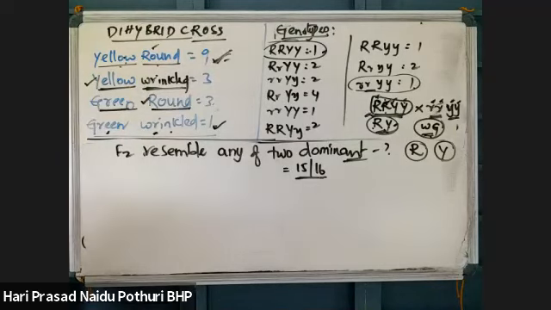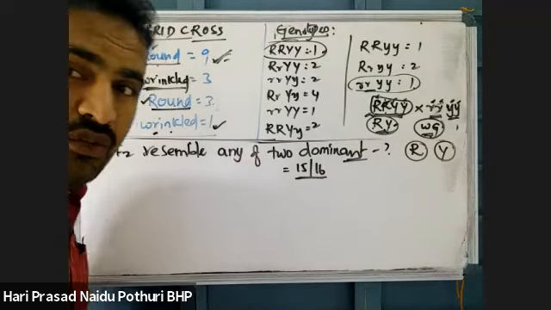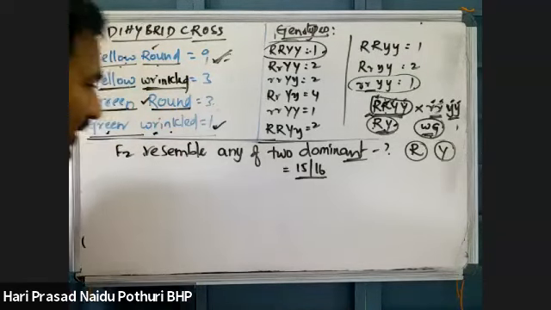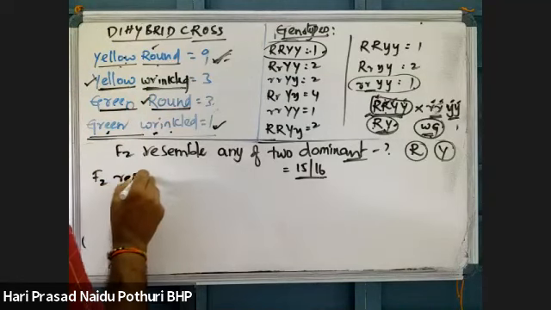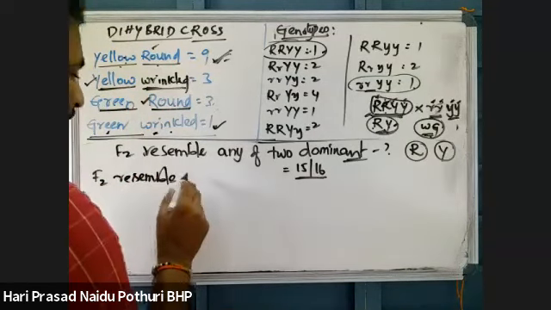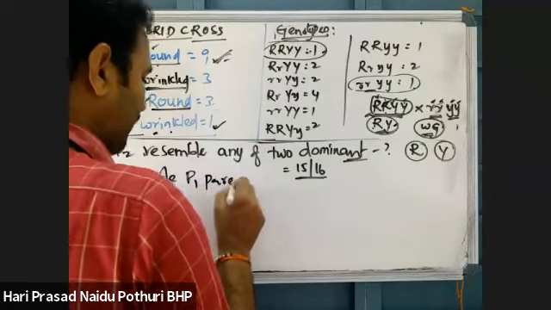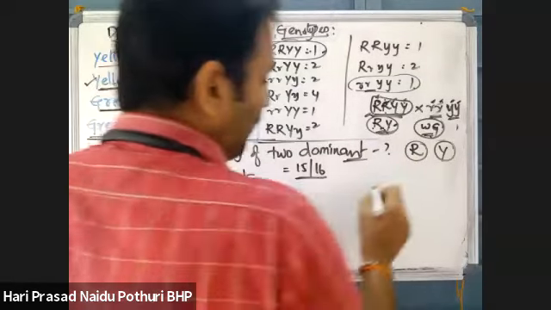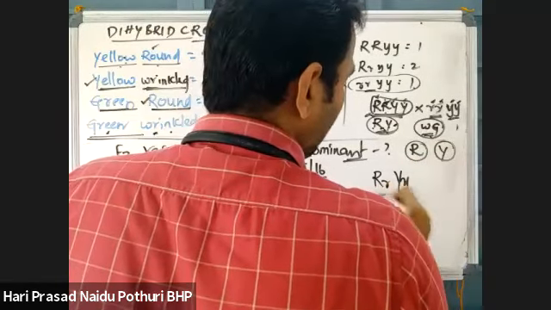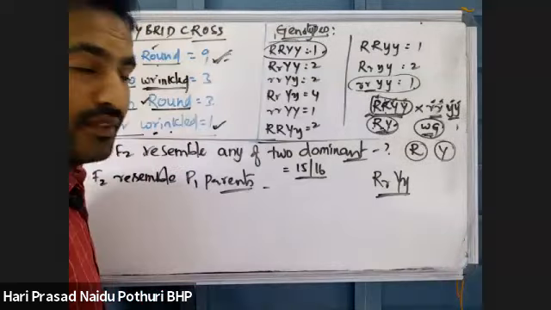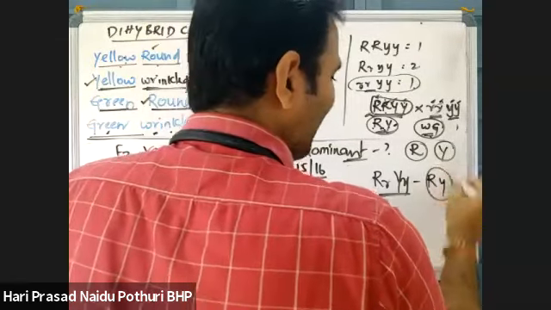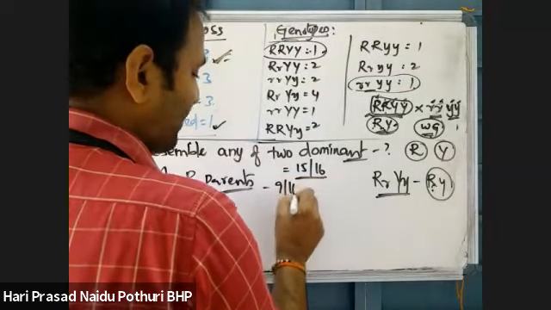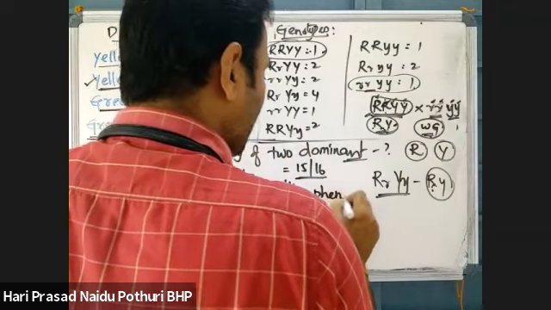Okay, and what is the ratio of F2 that resembles the F1 parent? F2 resembling F1 parents, not the original parents, F1 parents. What is F1 actually? Capital R, small r, capital Y, small y. This is round yellow. How many of them resemble round yellow? 9 by 16. This is phenotypically.